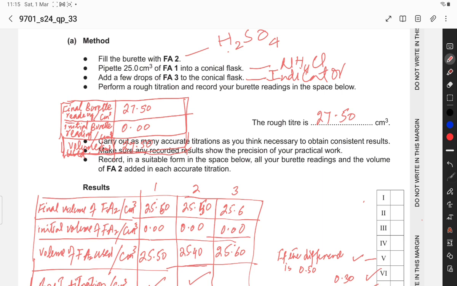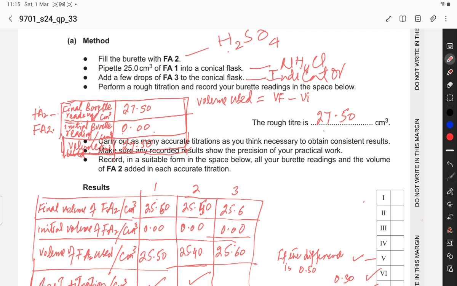First write down the final burette reading and initial burette reading of Fa2. The final reading is 27.50, the initial reading is 0.00, and the volume used is calculated by final minus initial, VF minus VI.